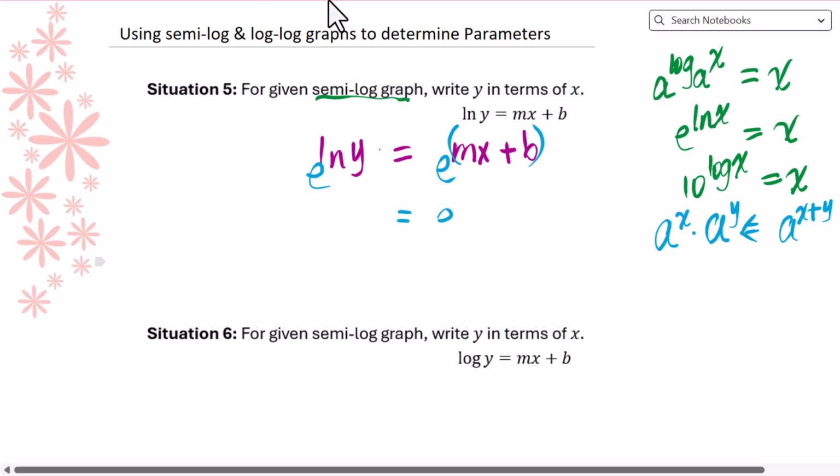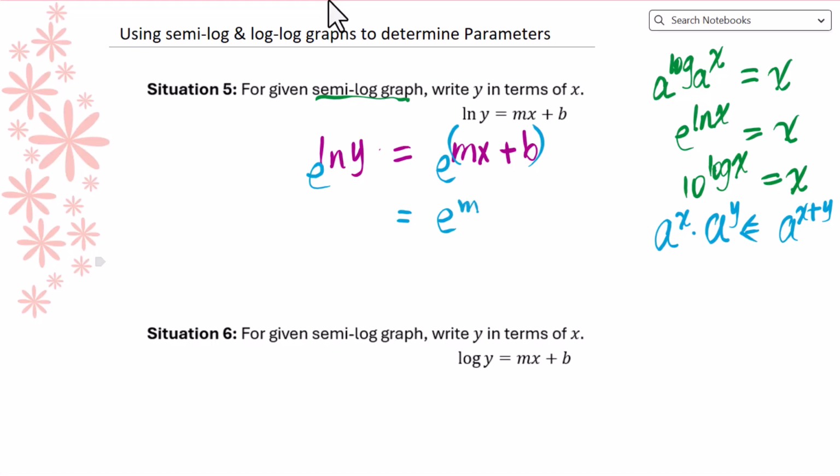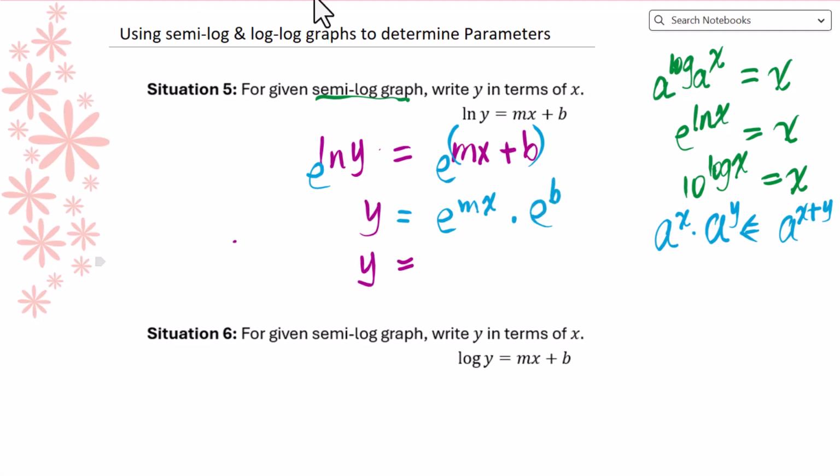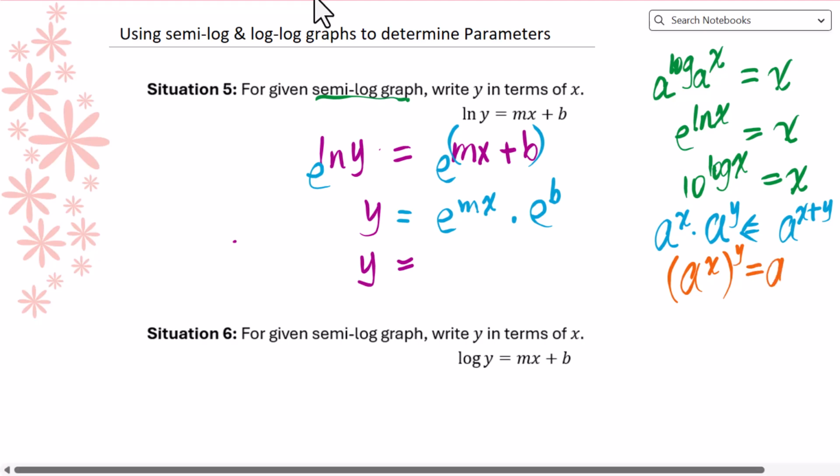So we get e to the power of mx times e to the power of b. We also know a to the power of x to the power of y equals a to the power of x times y. Let's do the backwards.